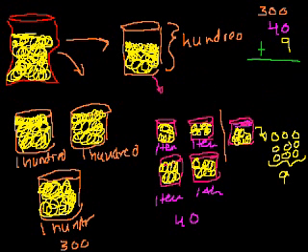We use what we call number places. We could say this is equal to the number 349. And the way we know that this is 349 is because we know the place.